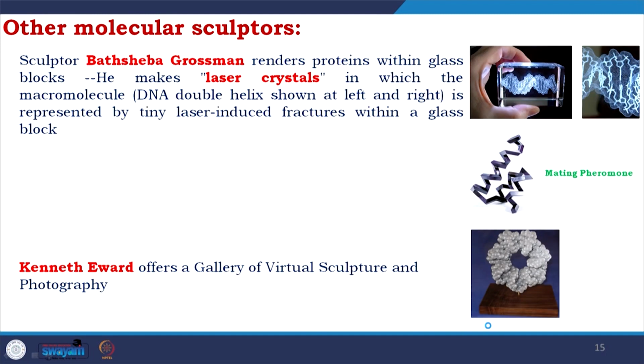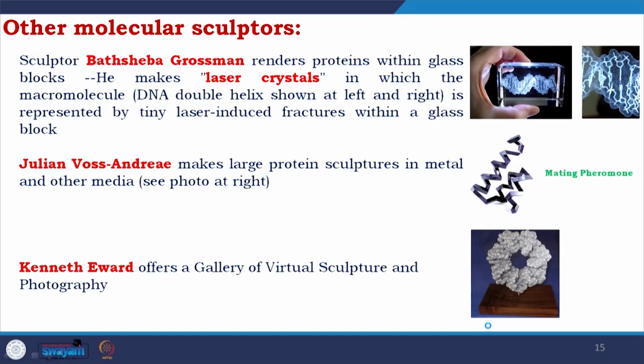Other molecular sculptures made by Bathsheba Grossman render proteins within glass blocks. She makes laser crystals in which the macromolecule, the DNA double helix, as you see here, is represented by tiny laser-induced fractures within a glass block. If you search Bathsheba Grossman, you will see a lot of such laser models.